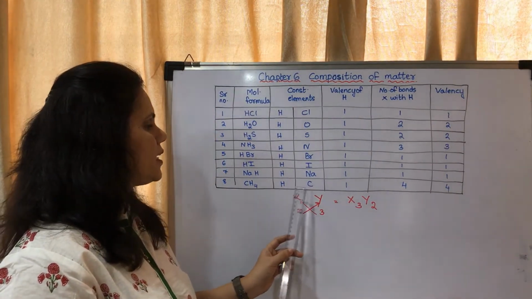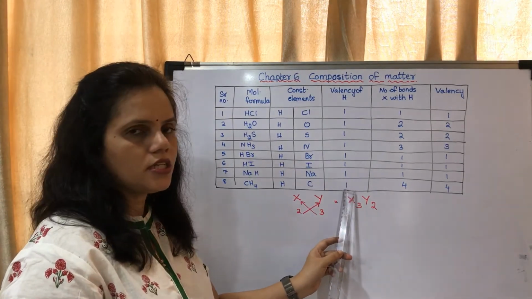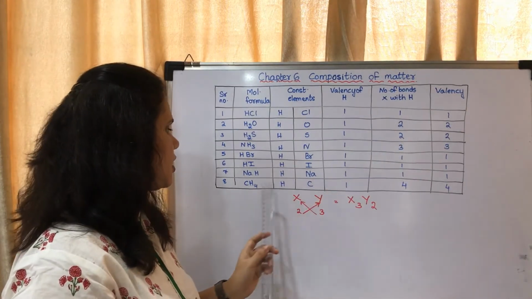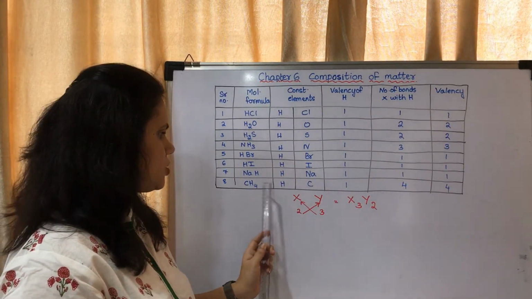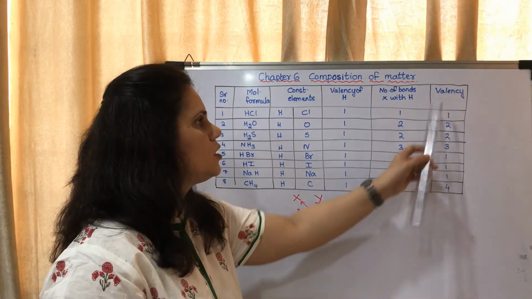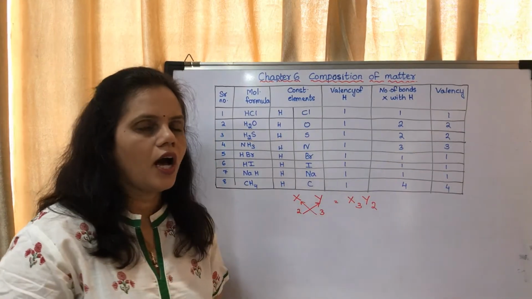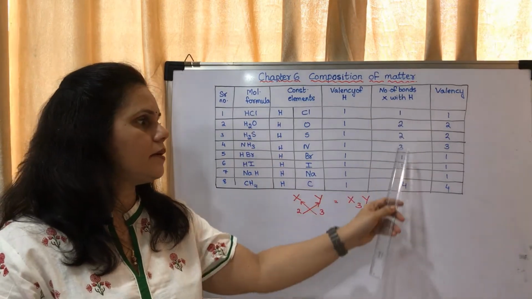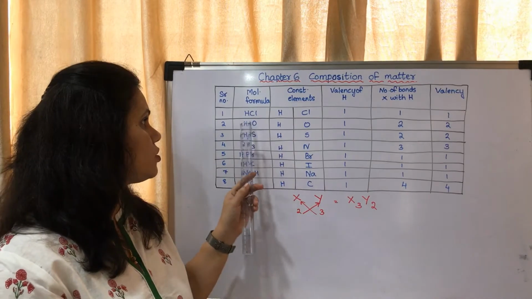CH4, H and C. Valency of hydrogen is 1. And what is the number of bonds of C with H? It will be 4 bonds. So the valency is 4. How many atoms of hydrogen are there in these? That will be the number here. How many atoms of hydrogen? 2.